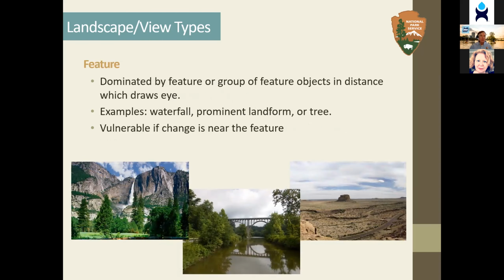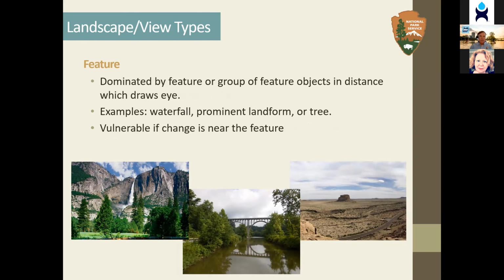A feature view or feature landscape has a thing there to look at. There's generally a purpose to why a view might be in a location, and there's actually something to look at. It can be a man-made or natural feature.